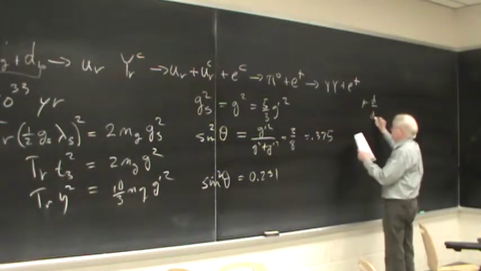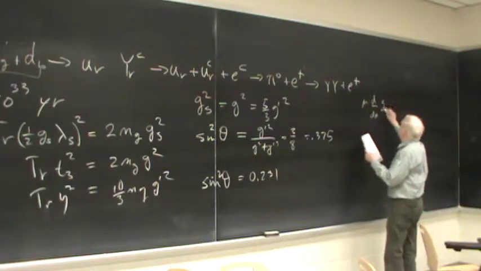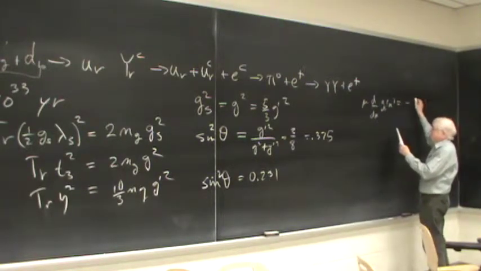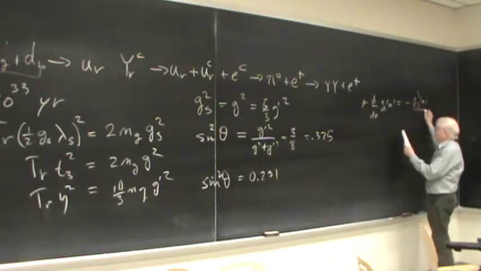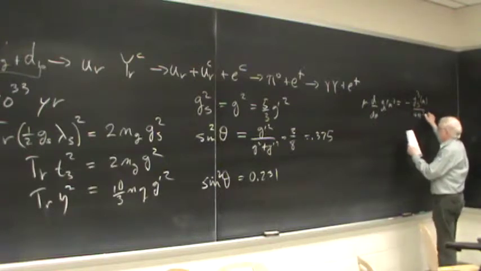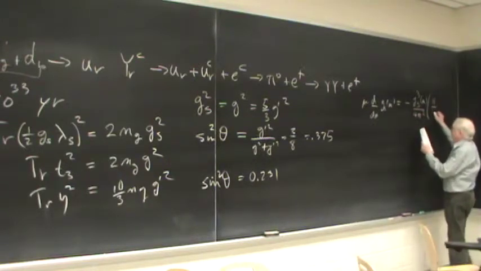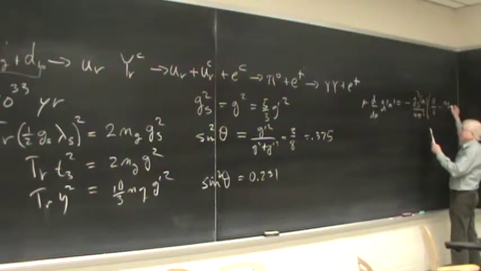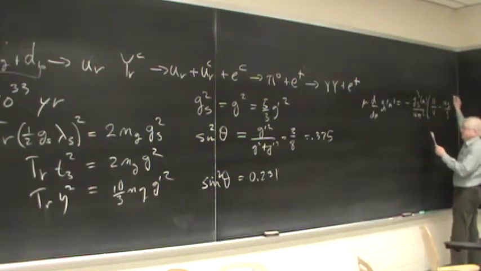Mu d/d mu of G strong of mu is G strong cubed of mu divided by 4 pi squared, and then we have 11 over 4 minus the number of generations over 3. I'm a little puzzled.